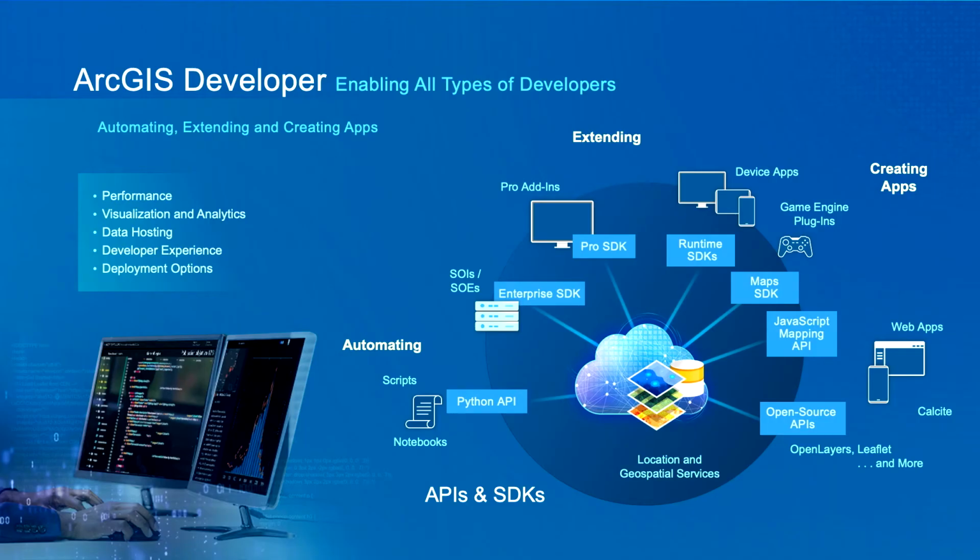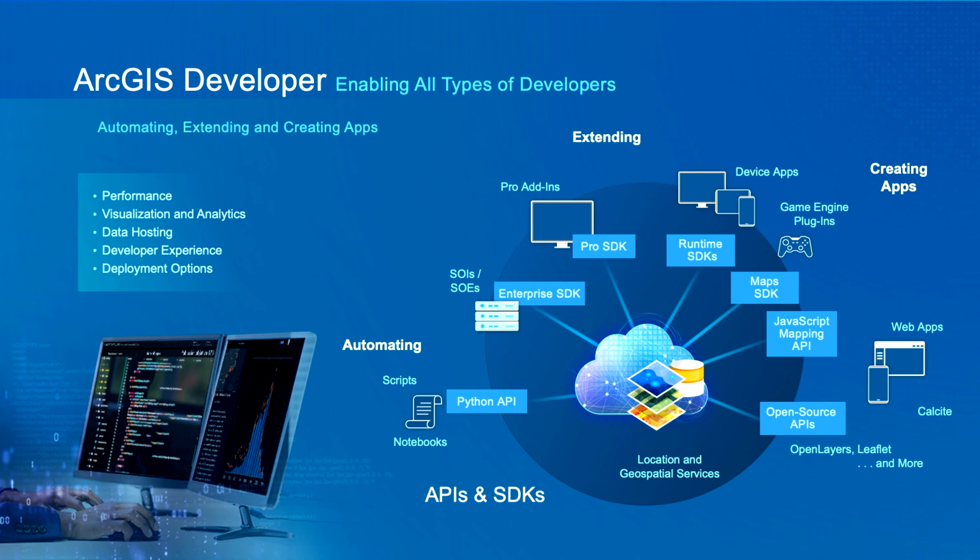So if I look at ArcGIS from a developer's view, you've got tools for automating and scripting, using the Python API and some of the DevOps tools. You've got SDKs for extending ArcGIS with the Pro add-ins and the Enterprise SDK for building server object interceptors and extensions.